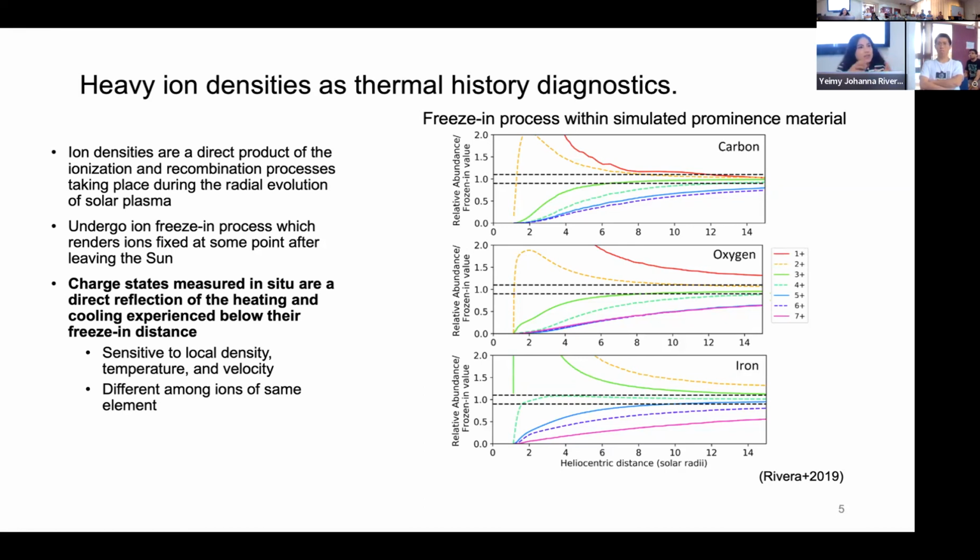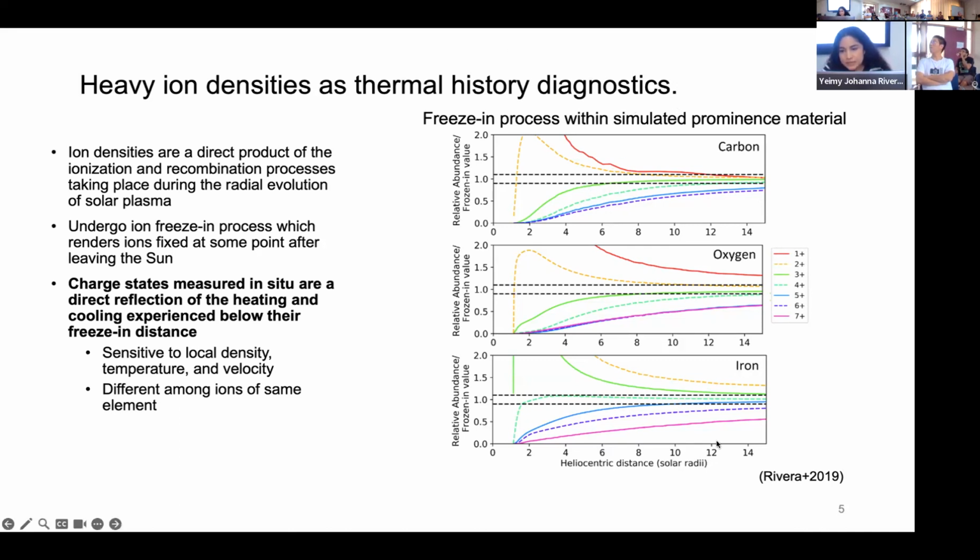And so as you get farther and farther away from the sun, the ionization and recombination processes, which are directly related to the density and the temperature, of course, become less and less effective. The density is too low for any of that to be effective. And so what you end up with are relative abundances and ion ratios that become fixed at a certain height away from the sun.